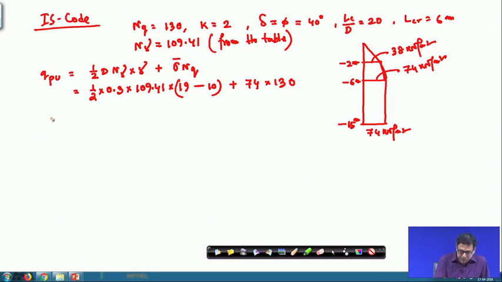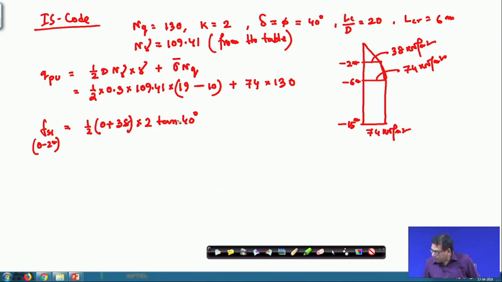So, this will be for the Q_pu, and the friction part, f_s1, 0 to 2 meter, is equal to the same average: 0 plus 38, K is equal to 2, and tan delta will be tan 40. Okay.